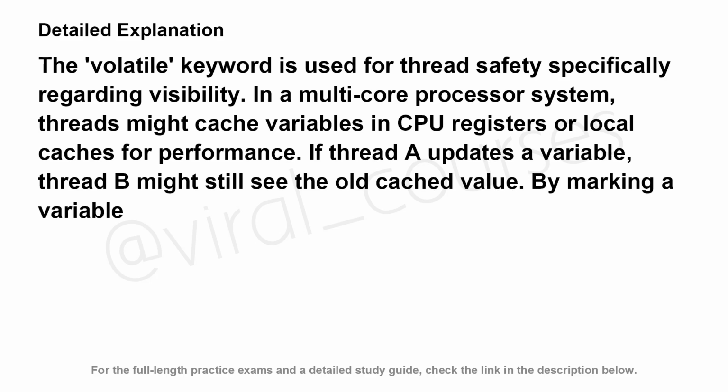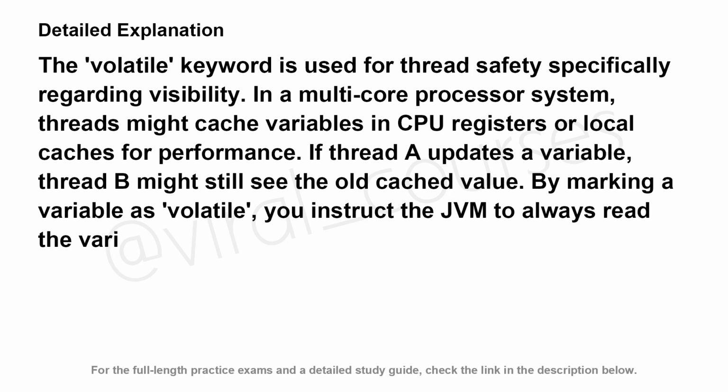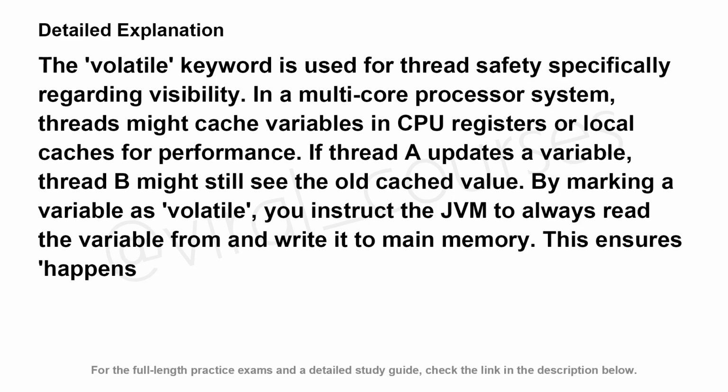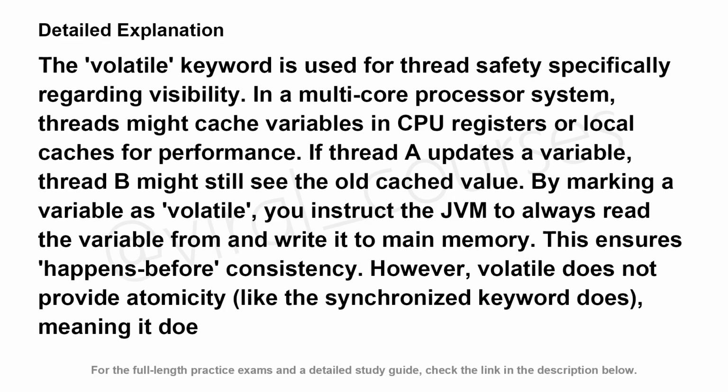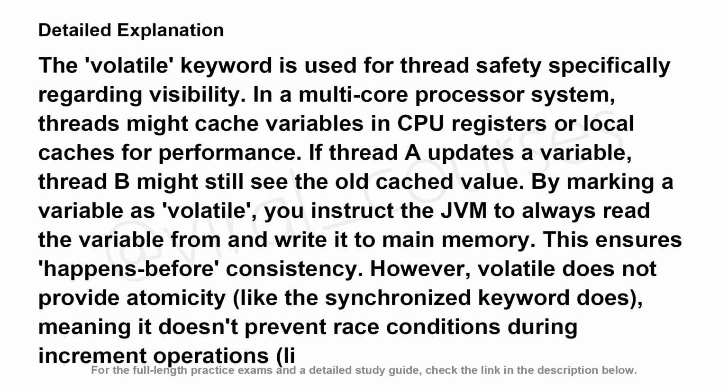By marking a variable as volatile, you instruct the JVM to always read the variable from and write it to main memory. This ensures happens-before consistency. However, volatile does not provide atomicity, like the synchronized keyword does, meaning it doesn't prevent race conditions during increment operations like count++.